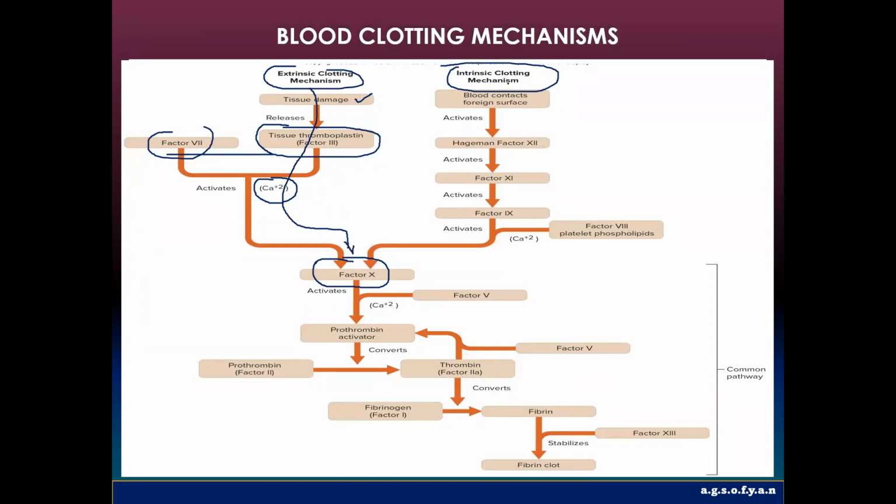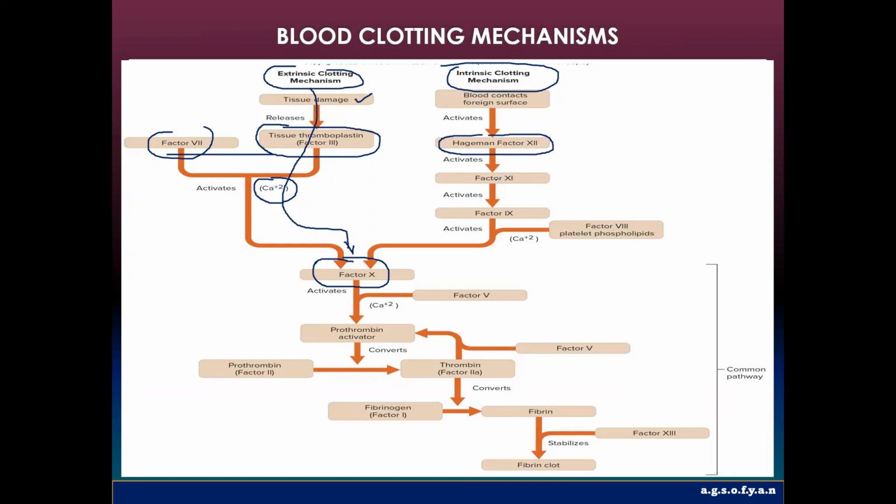Now, if we want to see the intrinsic clotting mechanism, it is when the blood is in contact with a foreign substance, maybe like collagen, and it will activate the initiator. So for the intrinsic mechanism, the initiator is factor number 12.